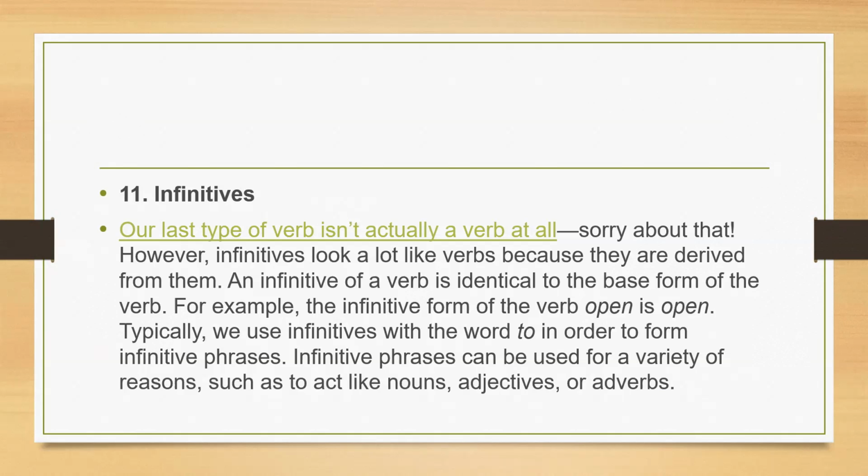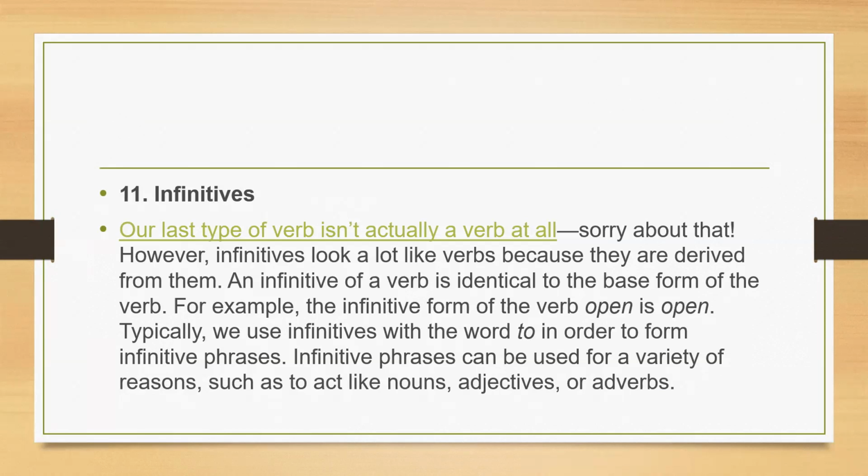That is totally wrong. Our last type of verb isn't a verb at all. However, infinitives look a lot like verbs because they are derived from them. The infinitive of a verb is identical to the base form of the verb. For example, the infinitive form of the verb open is open, like to open. You cannot change the form.